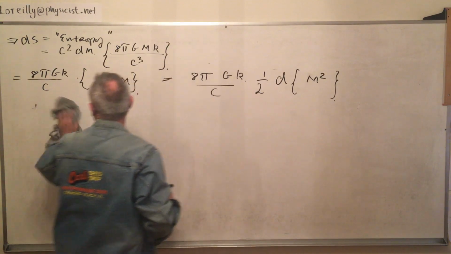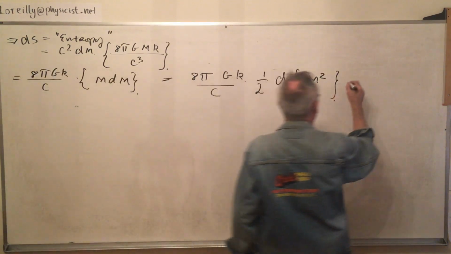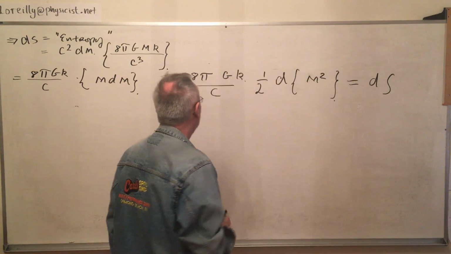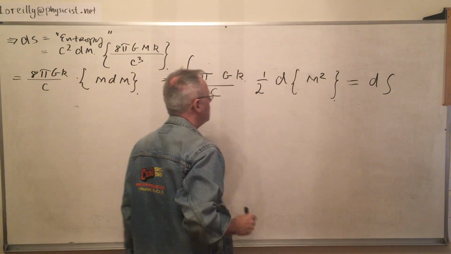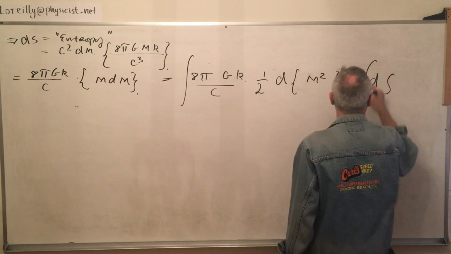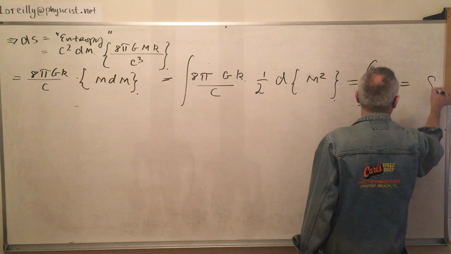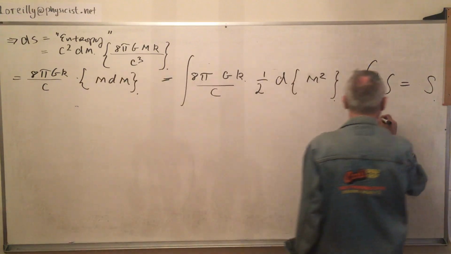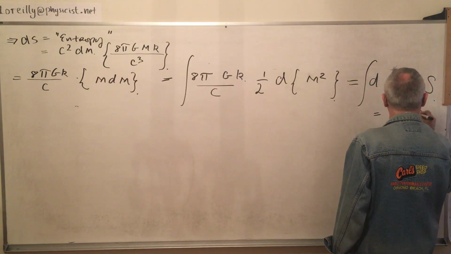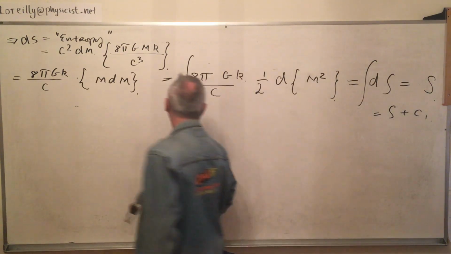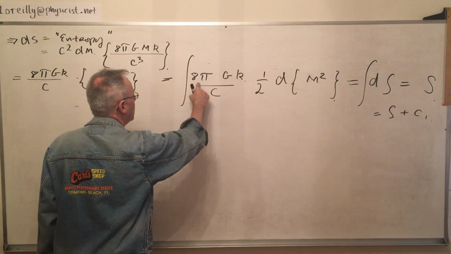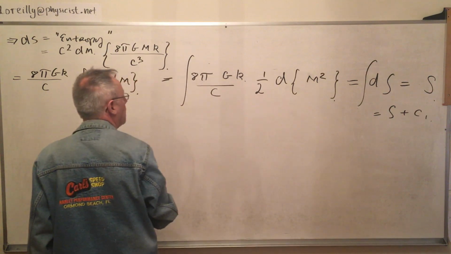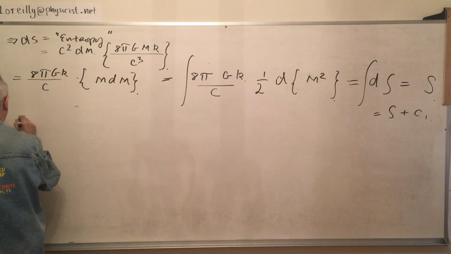So now we'll integrate. That's dS. And I'll integrate to get the S. Now, of course, that gives me an S plus a constant. So, integrating this thing here gives me 8 pi G k. Integral of that is just m squared over 2.